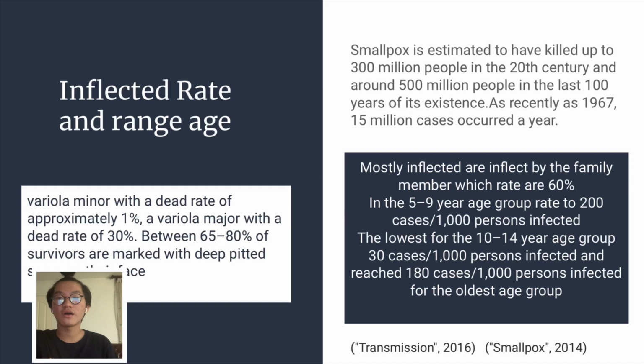The lowest rate is in the age group of 10 to 14 years, with 30 cases per 1,000 persons, and those over 14 years have 180 cases per 1,000 persons.